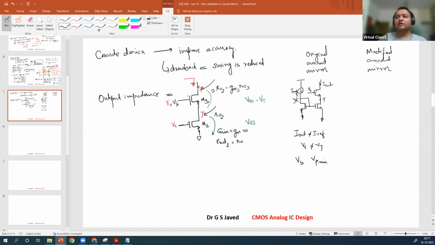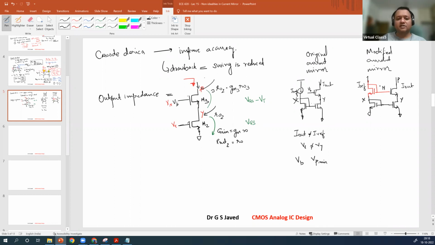So these are all the problem statements. How did this get rectified? This got rectified as follows. In the modified circuit, the following modification was done. We added a cascode device here to the original cascode here. In this case, this value X, Y, P, N, IREF and Iout.